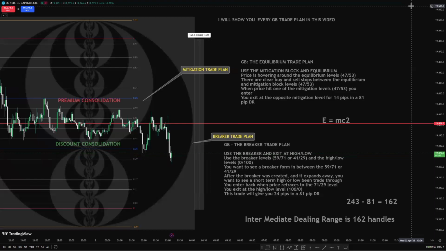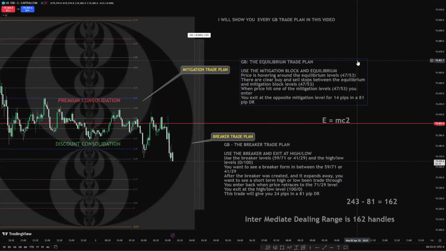Here's the flow. First, we look for a breaker formation within the 59, 71 or 41, 29 zones. The 59 and 71 block is for premium level. After the breaker expands away, we wait for a short-term high or low to be traded through. This confirms the liquidity gap.